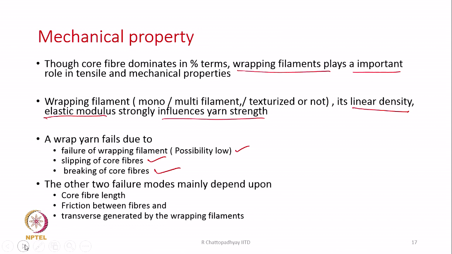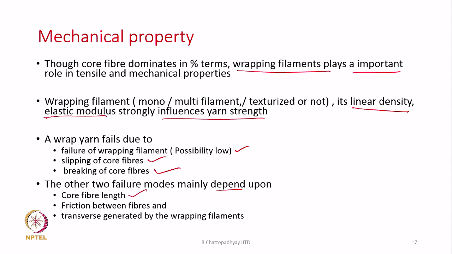The other two failure modes, that is slippage of core fibers or breaking of core fibers, will mainly depend upon the length of the core fibers. Longer the length, more is the surface area of contact. So, more will be the frictional resistance to slippage.